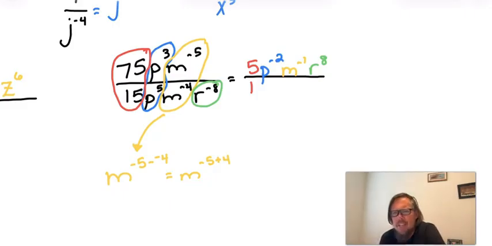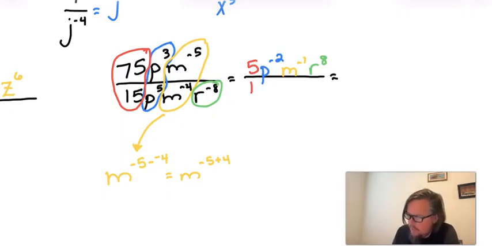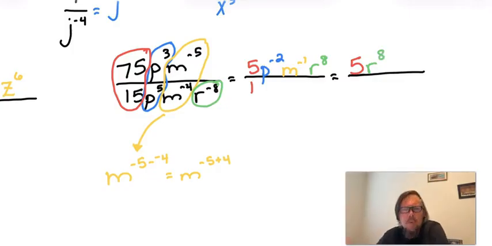So I've combined everything that I'm able to combine, but I still have some negative exponents in the problem. So let's go ahead and fix that. The 5 is totally fine where it is. The r is totally fine where it is. I'm not going to rewrite the 1. The 1 is unnecessary.